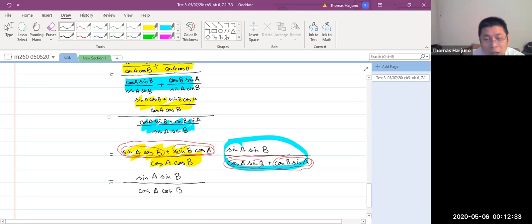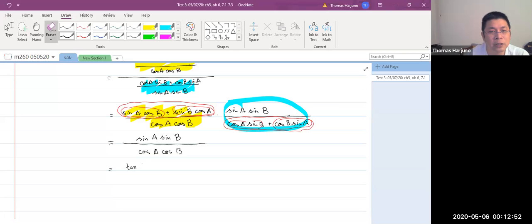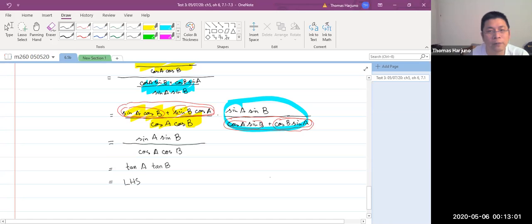But if you realize that they are the same, notice that those ugly people kill each other. Then only cute people are left. So this is tangent A, tangent B, which is what we want to see on the left-hand side, right? We prove from right to left, remember?